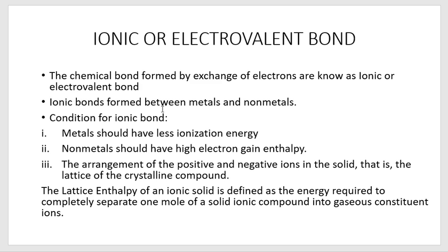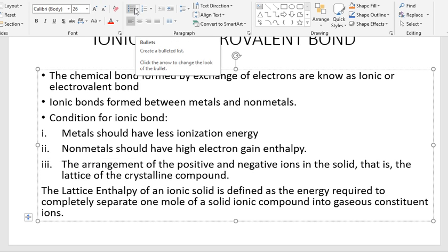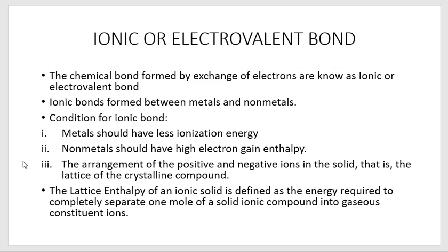So how do they solidify? The ions attract each other and form a lattice. The energy released during the formation of 1 mole of crystal lattice by the combination of 1 mole of cation and 1 mole of anion is known as lattice enthalpy.